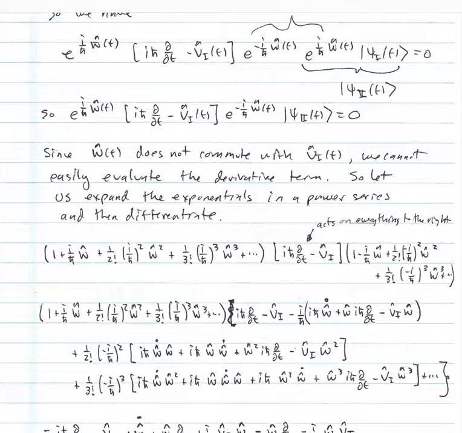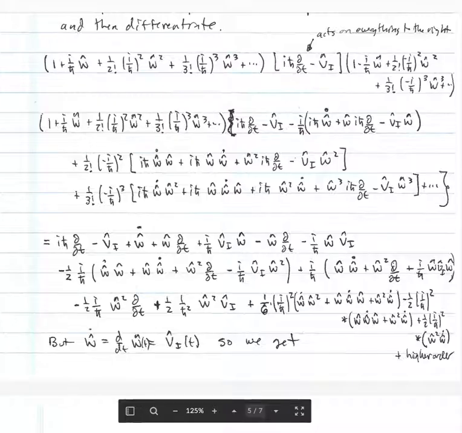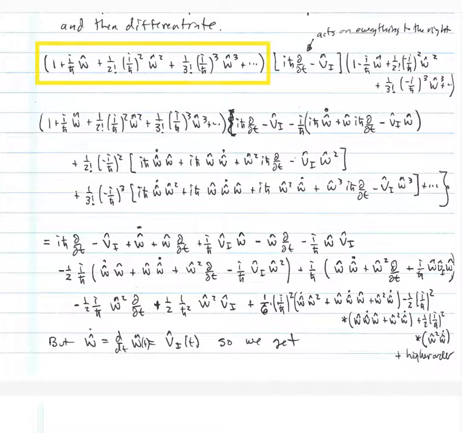So instead what we're going to do is evaluate a power series expansion for the two exponential terms. The first term is simply the exponential e to the plus i over h bar w of t. So that has a power series 1 plus i over h bar w plus 1 over 2 factorial (i over h bar)^2 w squared plus 1 over 3 factorial (i over h bar)^3 w cubed, and so on.